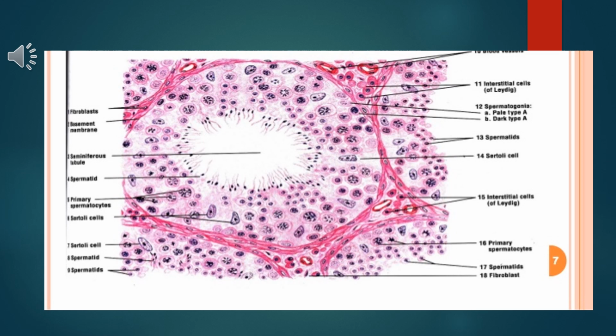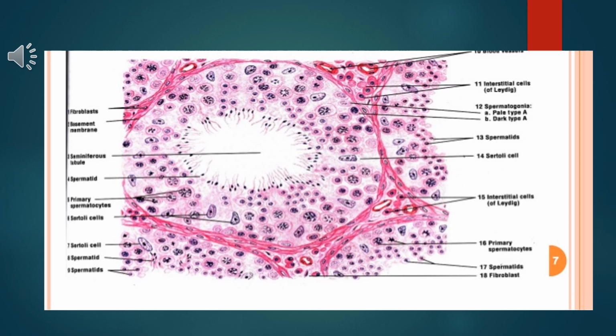In addition to that, in between these cells, we can see some elongated nuclei or elongated cells which look pale in color. These are called Sertoli cells. The function of the Sertoli cell is supportive. It supports the other cells, that is, the different stages of spermatogenesis are supported by these Sertoli cells, which are also called sustentacular cells.